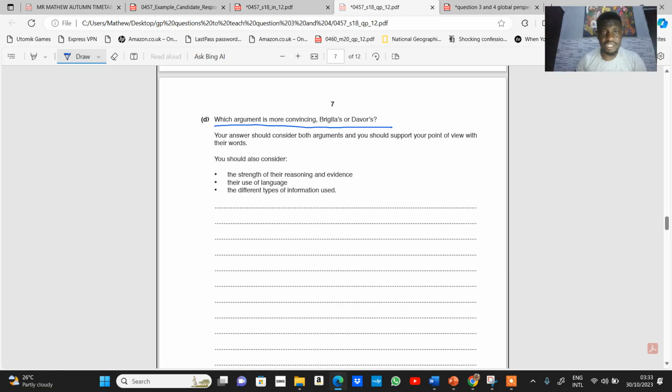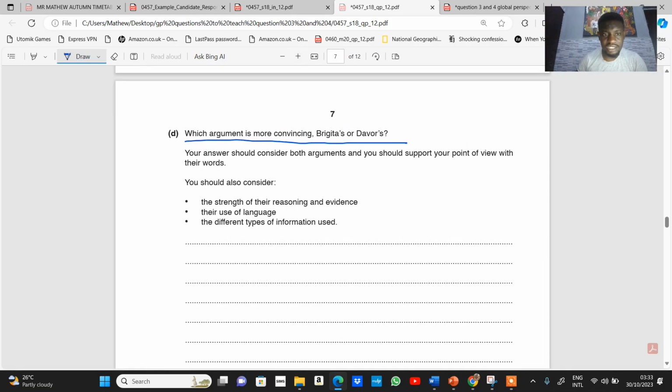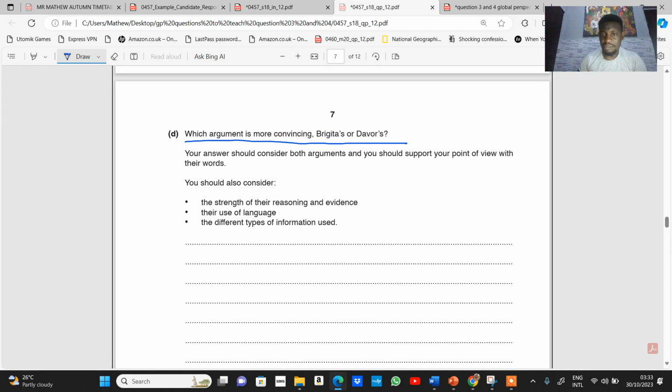So now, we're told that your answer should consider both arguments and you should support your point of view with their words. You should consider the strength of their reason and evidence, their use of language, and the different types of information used.